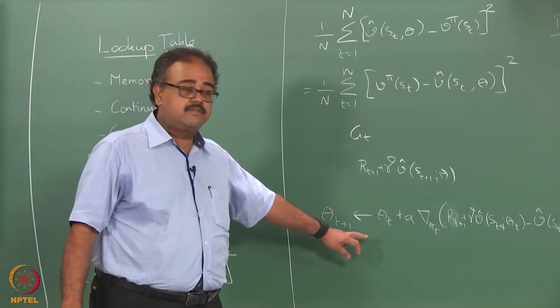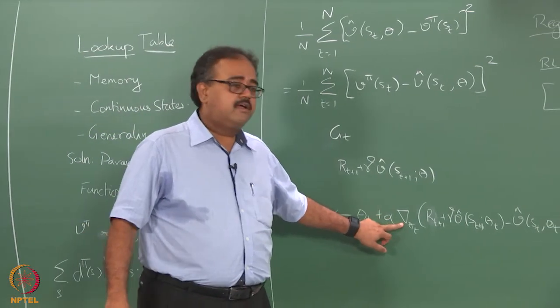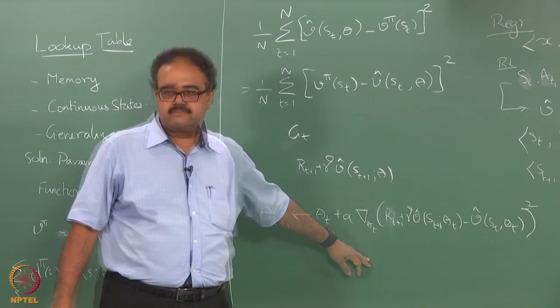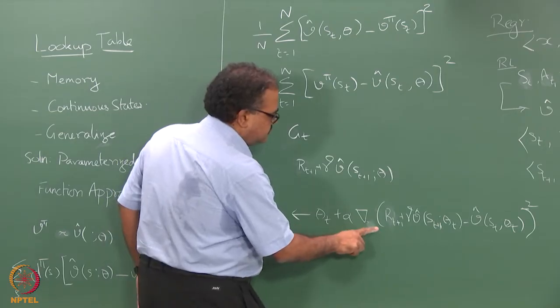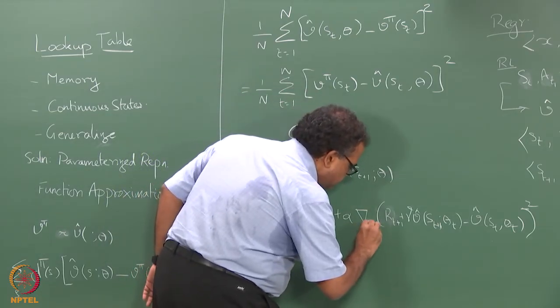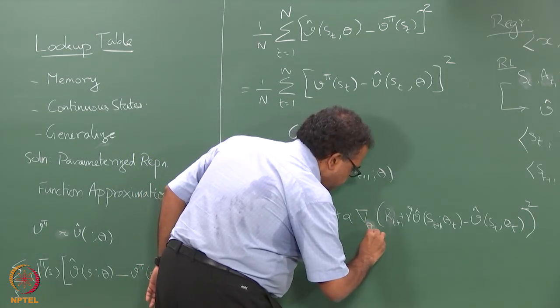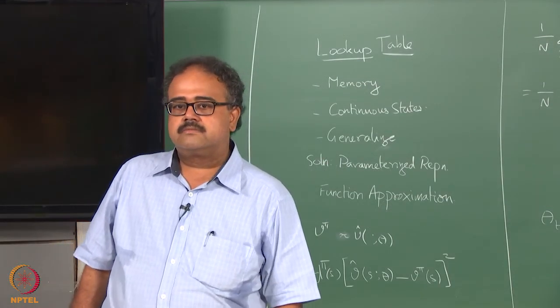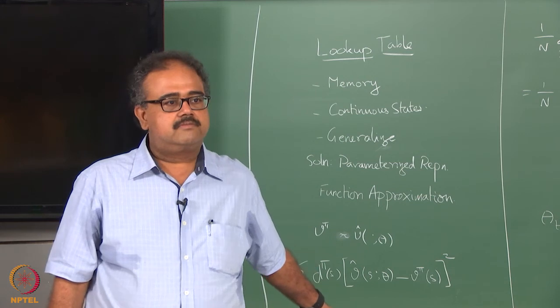So this is the gradient of the error function evaluated at theta t. Make sense? This will be my update rule.